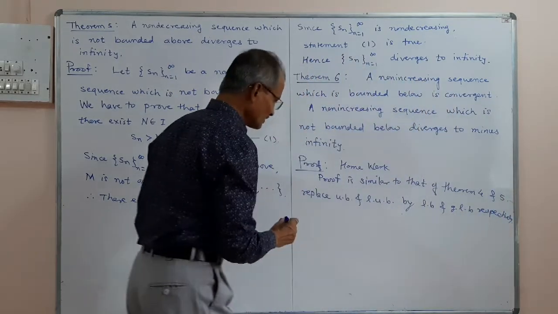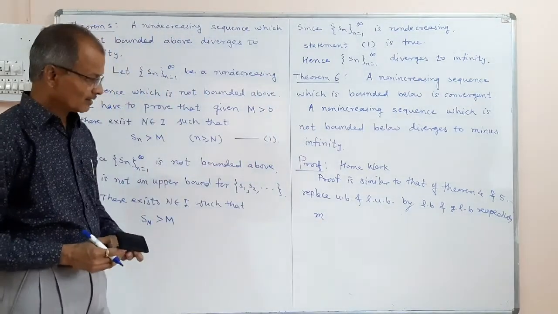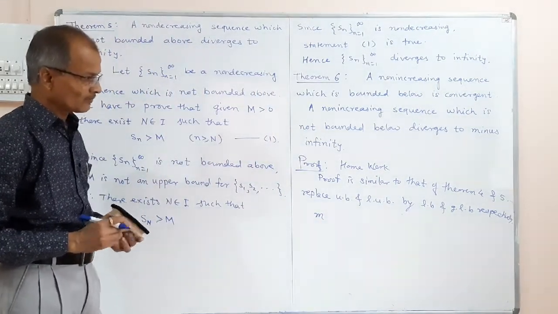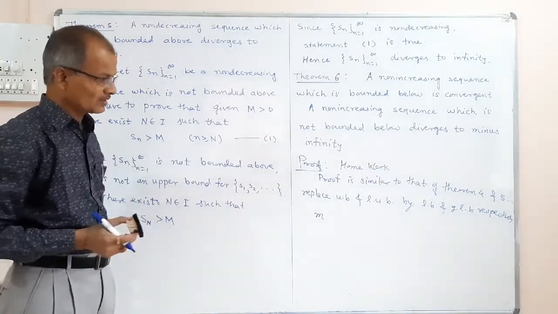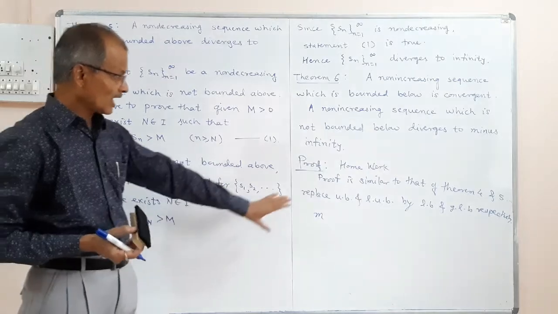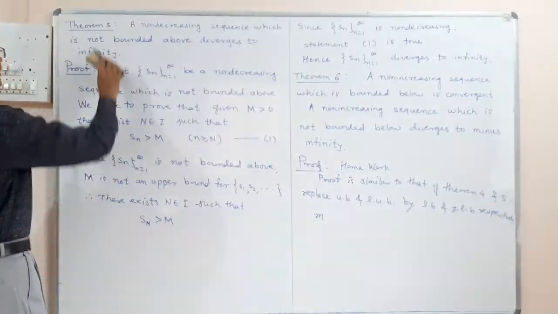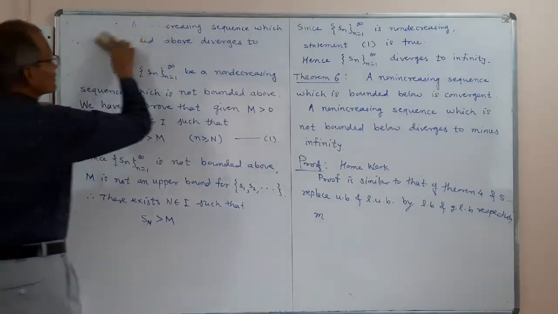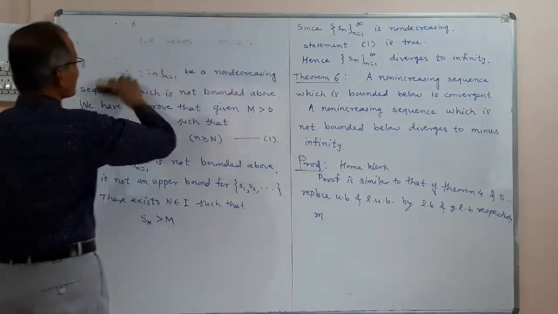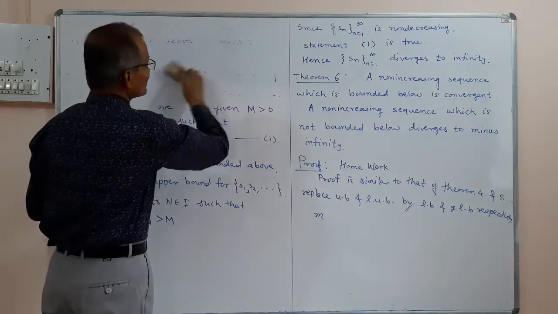So you may consider, instead of capital M, you may consider m and take that as a lower bound or greatest lower bound for the sequence, and make the corresponding changes. So try the proof of this theorem yourself. And further, there are also some problems from exercise 2.6.